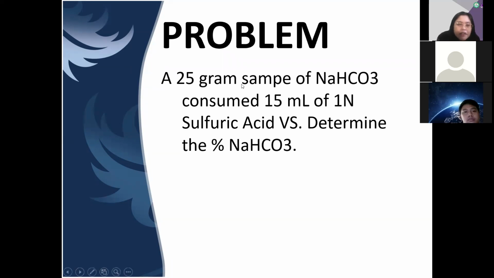You just have to identify what is the sample and what is the titrant, but you will be using the same formula. Okay, while waiting, wait lang ha, let me just close our door kay silaw.